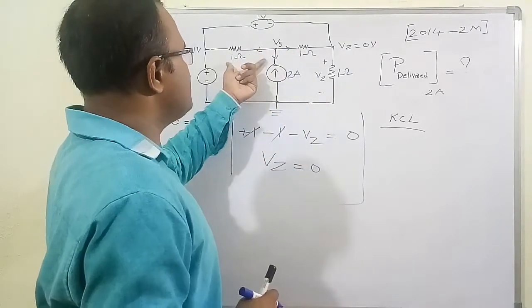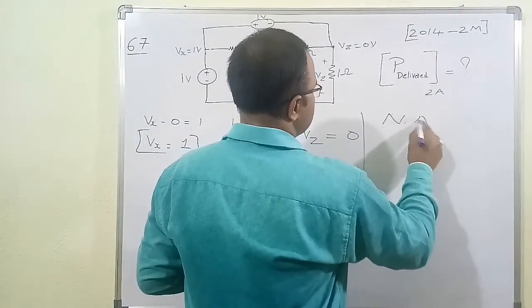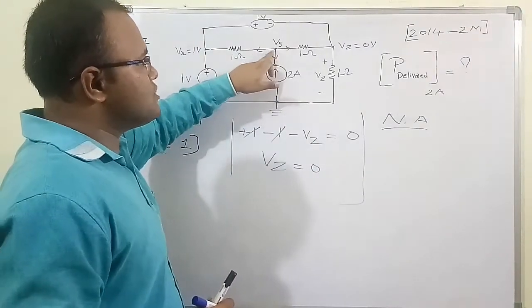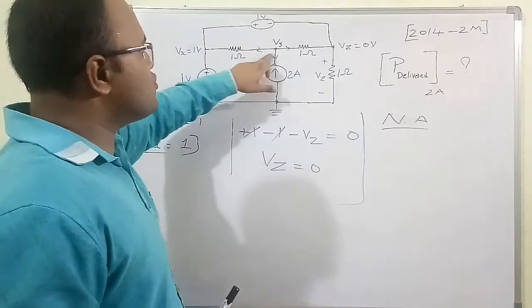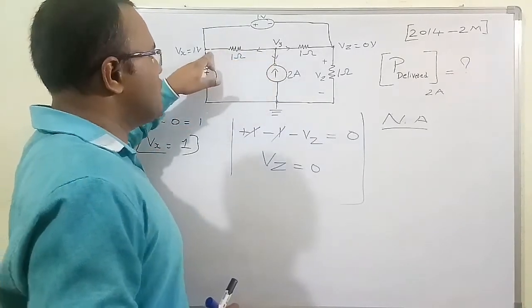In this branch, by nodal analysis, I am assuming all the currents are leaving across this node. As the current is leaving this node, the current goes from higher potential to lower potential. This node potential is Vy and this node potential is 1 volt.